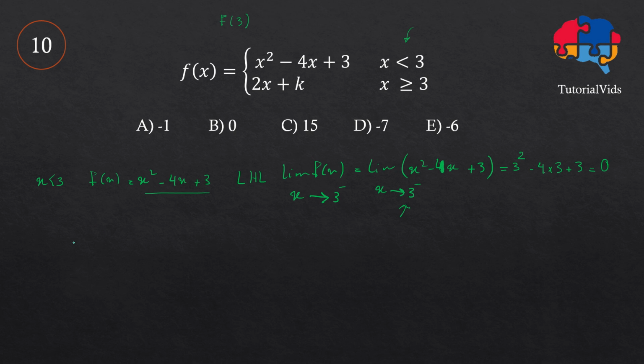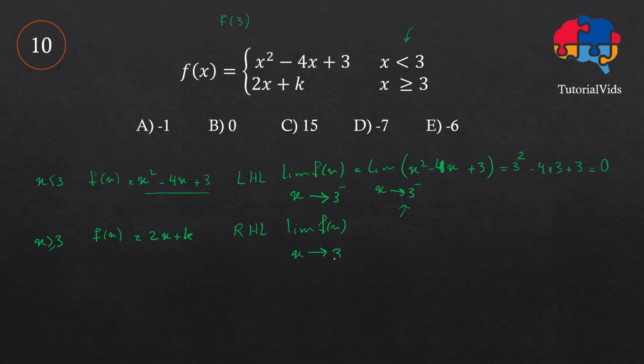And it's time to calculate the right-hand limit. So we know when x is equal to or greater than 3, then f of x equals 2 times x plus k. So the right-hand limit of f of x is written in this way.